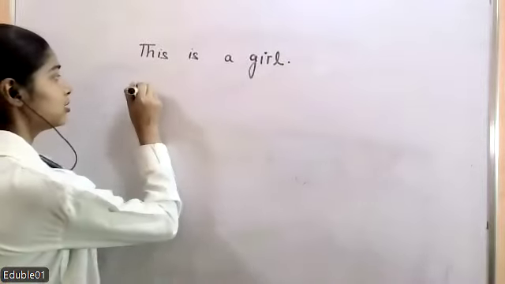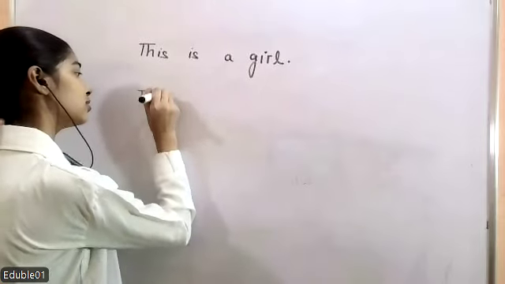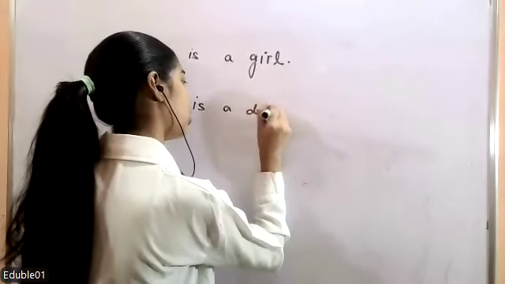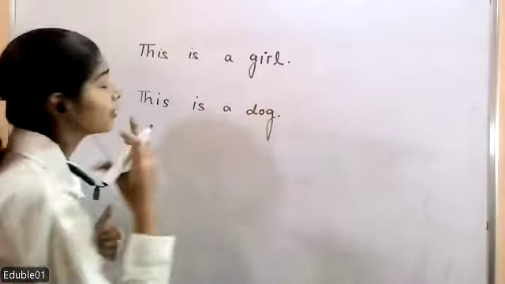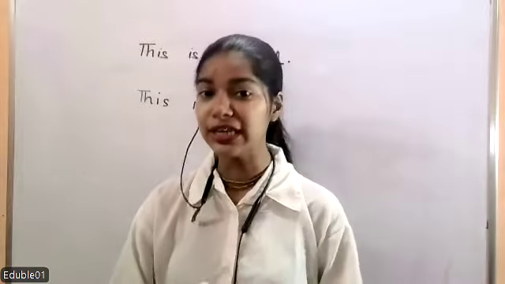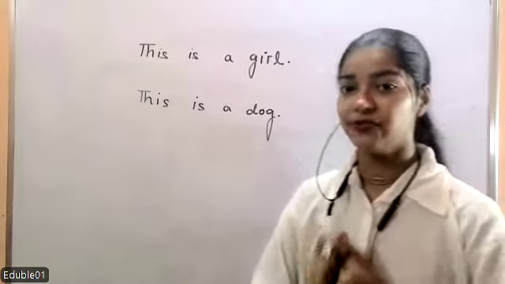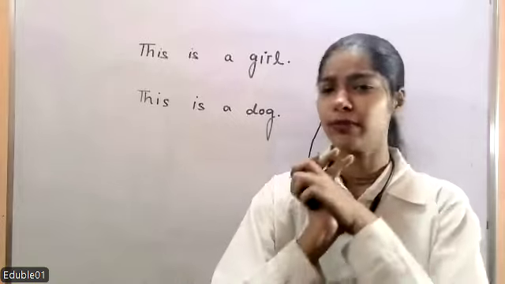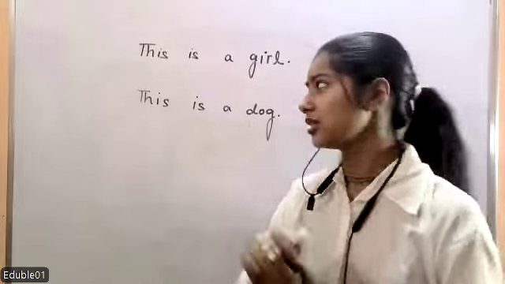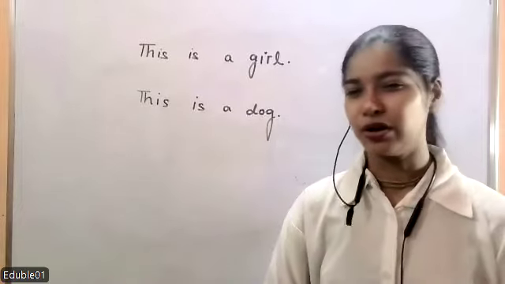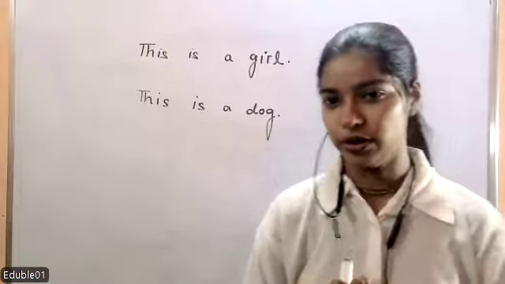Now let's think of one more sentence. This is a dog. Again, I'm not talking about any specific breed of dog or any specific dog like my home dog, just any dog. It's not specific over here.